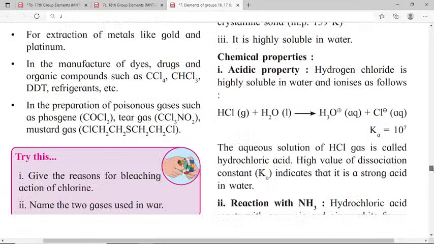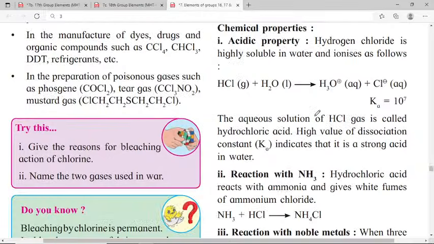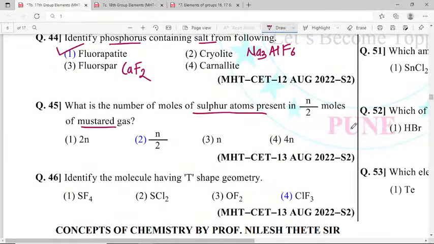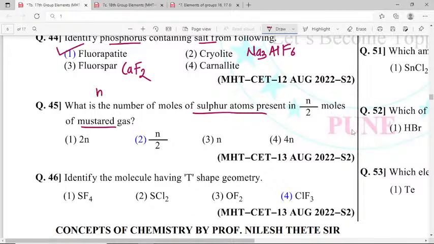So mustard gas contains how many chlorine atoms? It contains 2 chlorine atoms. Therefore, N/2 mole, N mole.